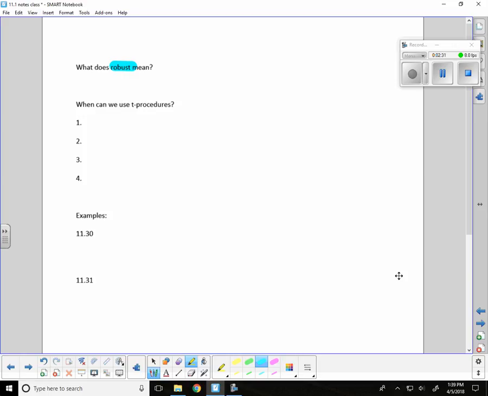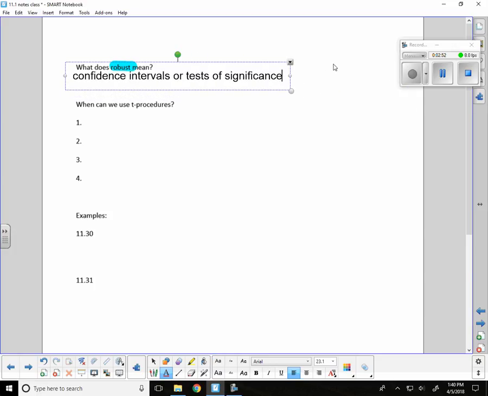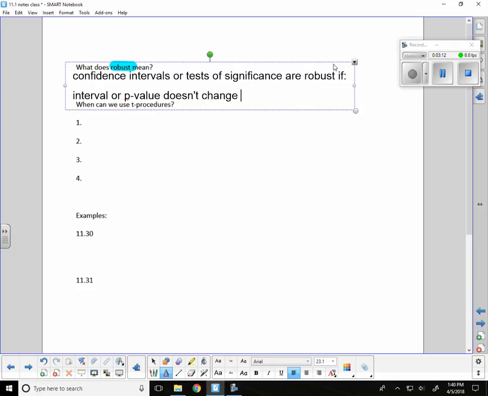So we're going to say here that confidence intervals or tests of significance are robust, so that's our keyword, if the interval itself or the p-value doesn't change much when the assumptions are violated.